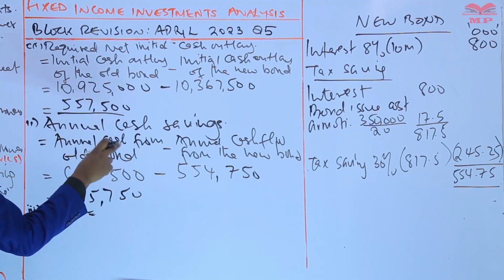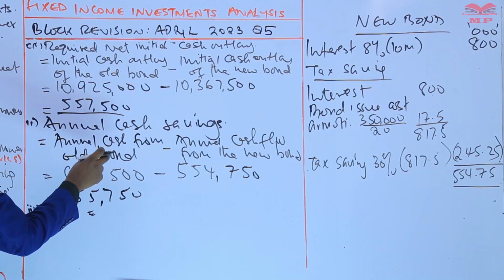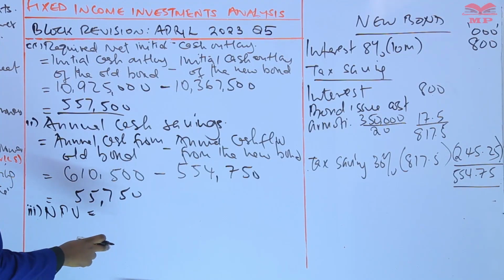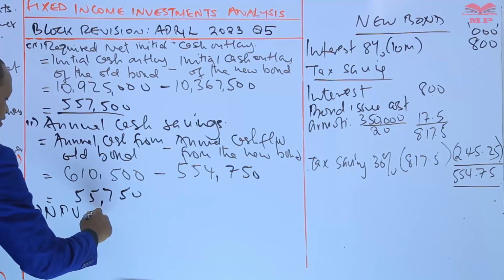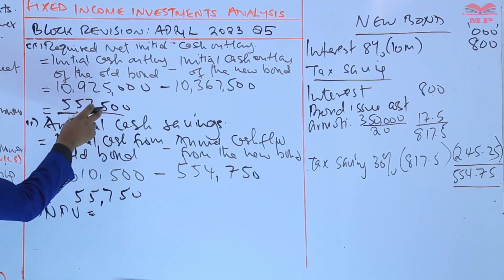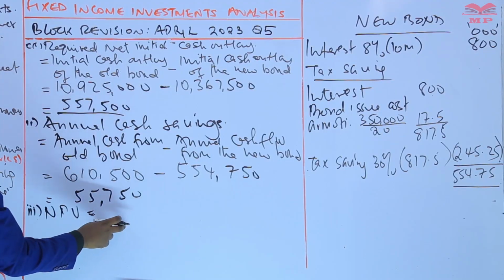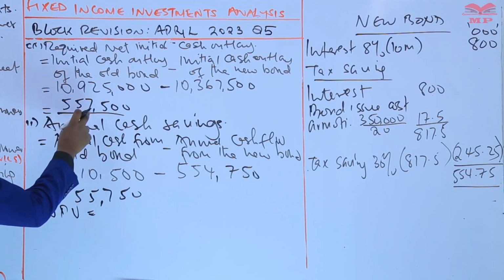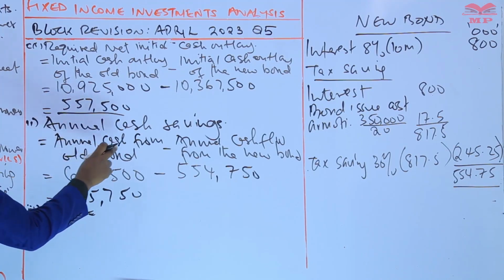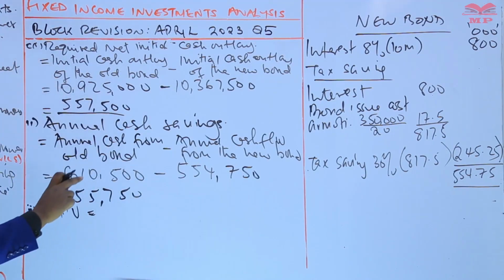So we are going to get the NPV of this bond by multiplying. First of all, we get the present value of the annual cash savings.